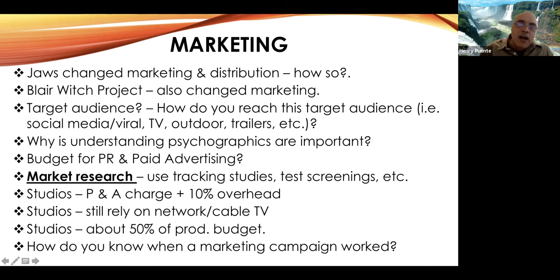So tracking studies, this is big within marketing and distribution folks. Long before the movie's release, usually about 3 months out, they start tracking the movie. In other words, they have a list of the movies that are going to be released, right?